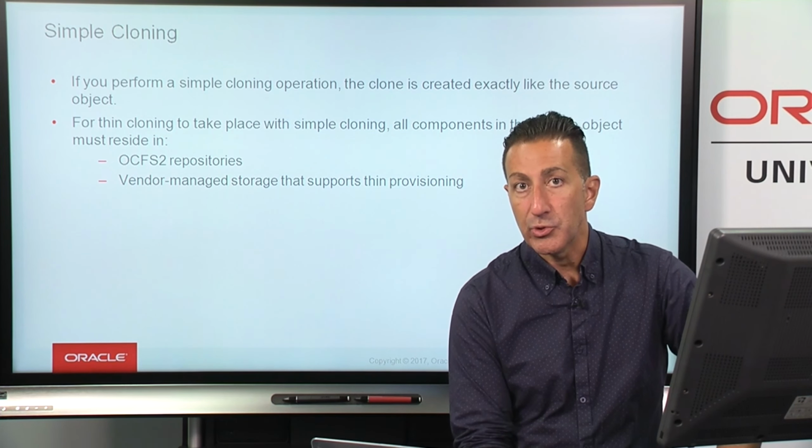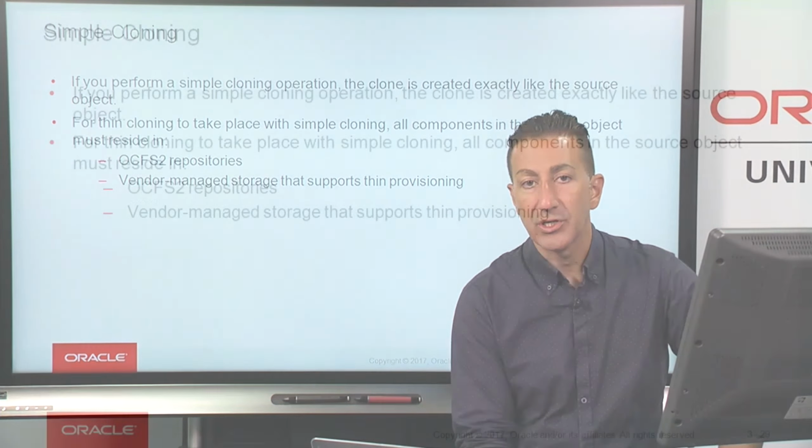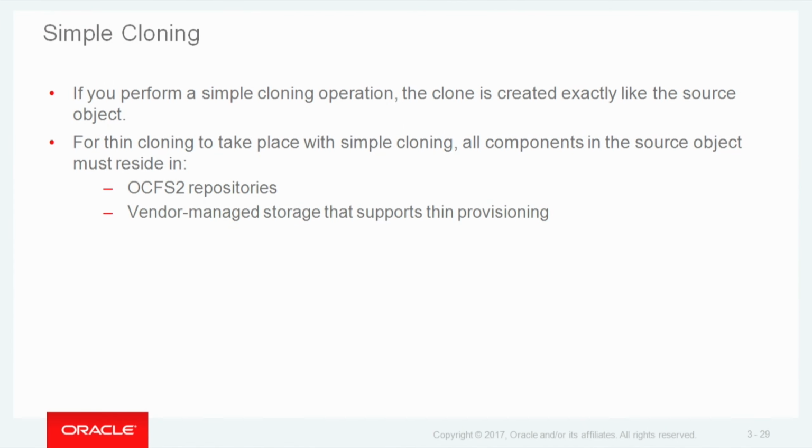Remember, typically the utility servers, because they do these importing operations, and in addition these are installed in the Oracle VM servers with the role used to create the virtual machines. So in this vendor managed storage that supports thin provisioning, you also perform a fast copy operation, much like in the OCFS2 repositories.